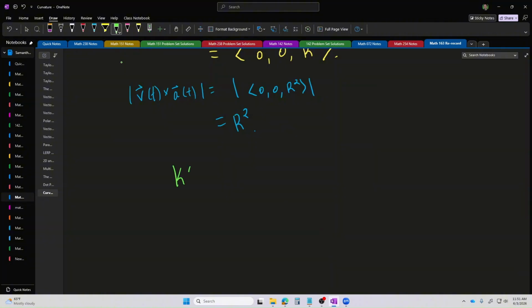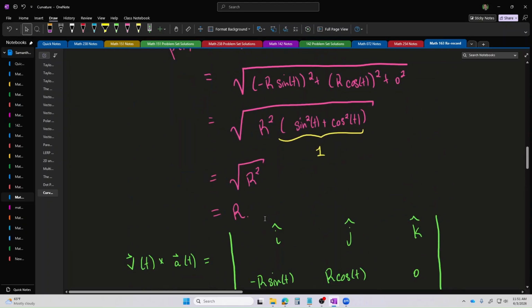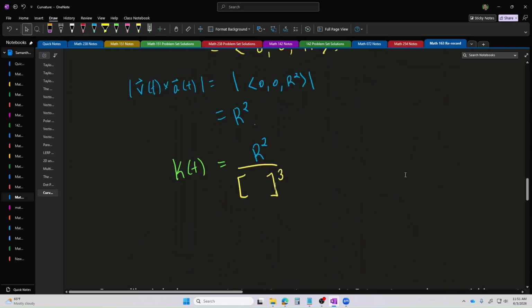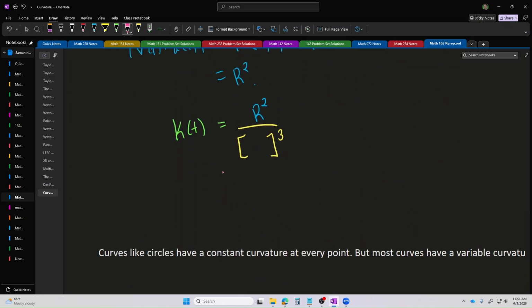The curvature would just be equal to the magnitude of the cross product, the r squared that we just found, divided by the cubed speed, so the cube of the r that we found earlier in this calculation. And if we simplify this result, we find that the curvature at every single point on this circle is equal to a constant value of 1 over r.